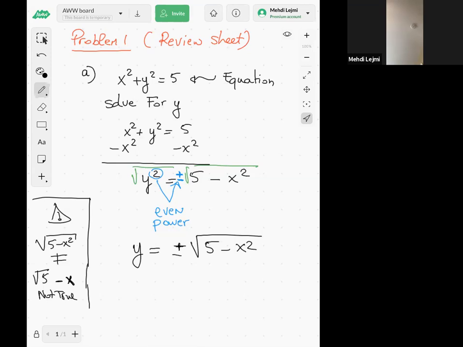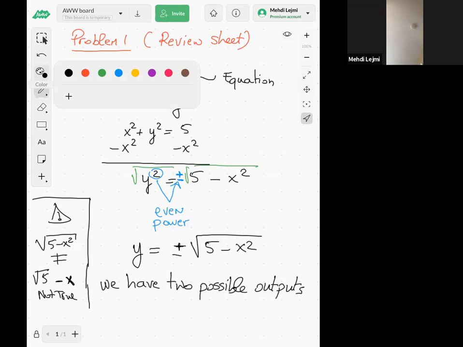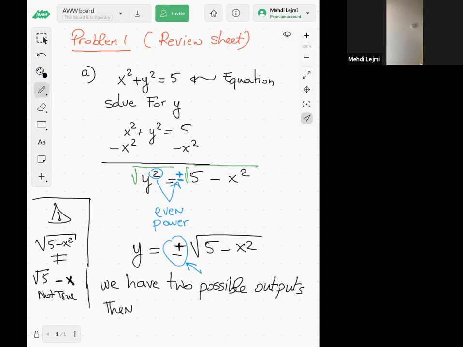If you have two possible outputs, then y is not a function of x. So y is not a function of x.